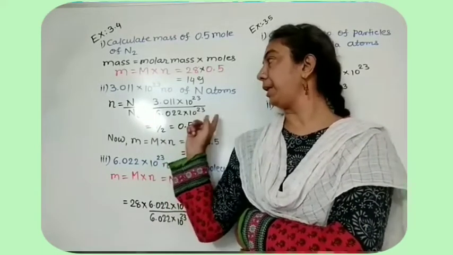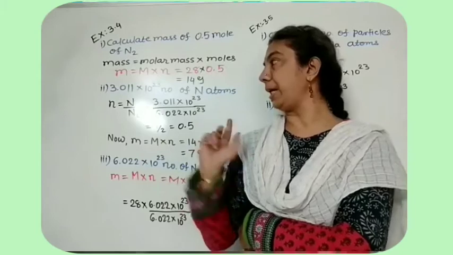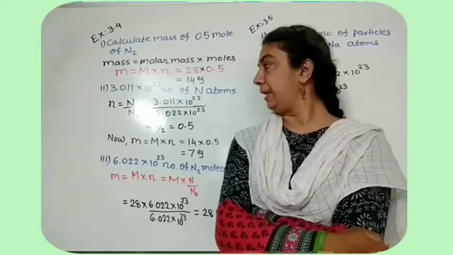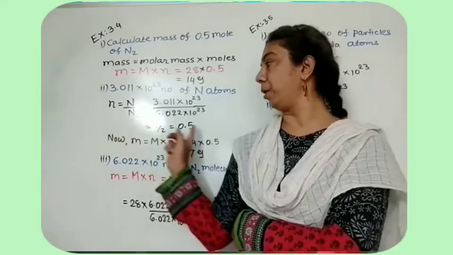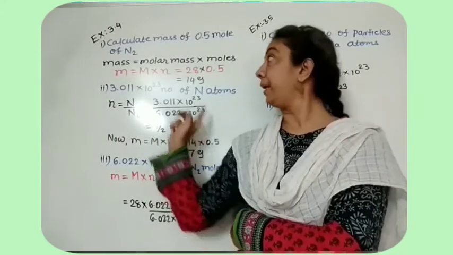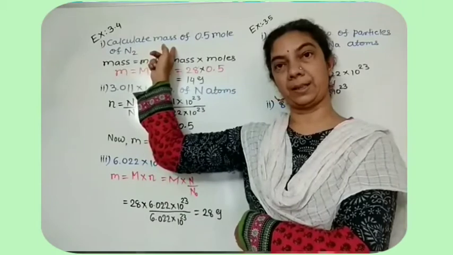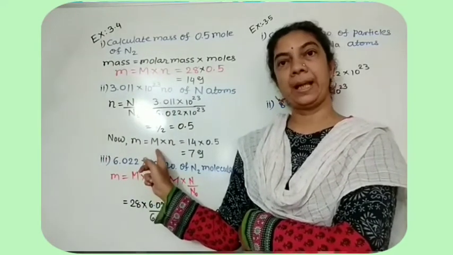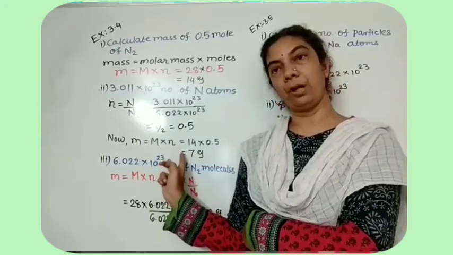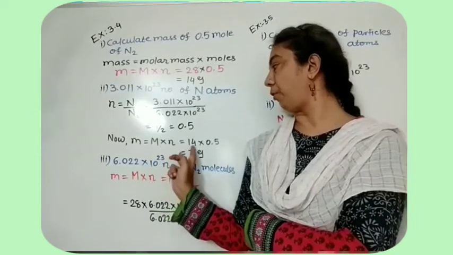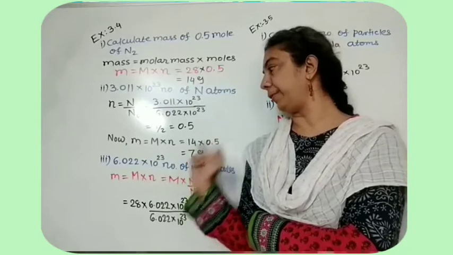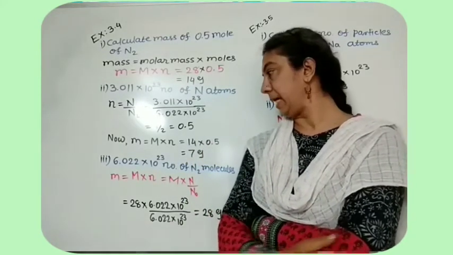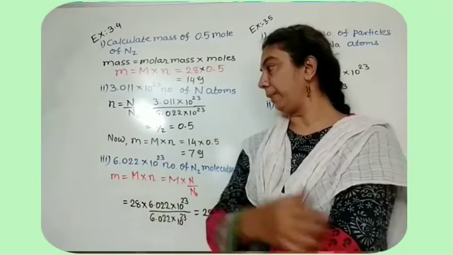By substituting the value and simplifying, we get the answer as 0.5. This was the number of moles, but we have to find out the mass. So once again, mass equals capital M into small n, which gives us 14 multiplied by 0.5. So the answer is 7 gram.